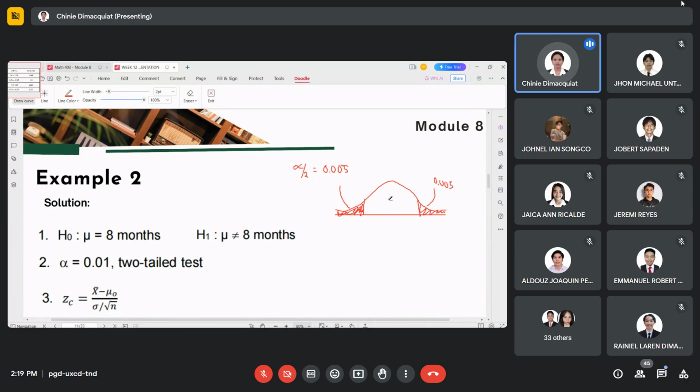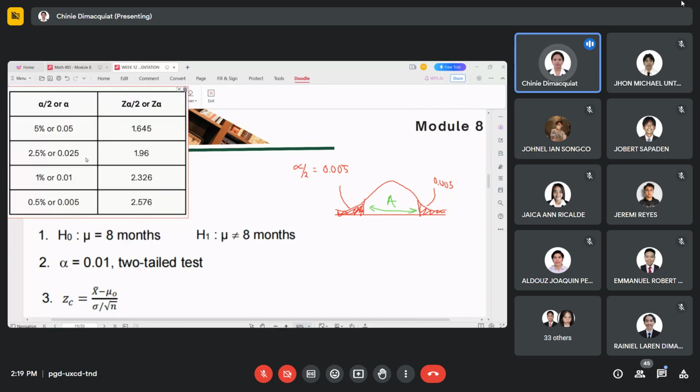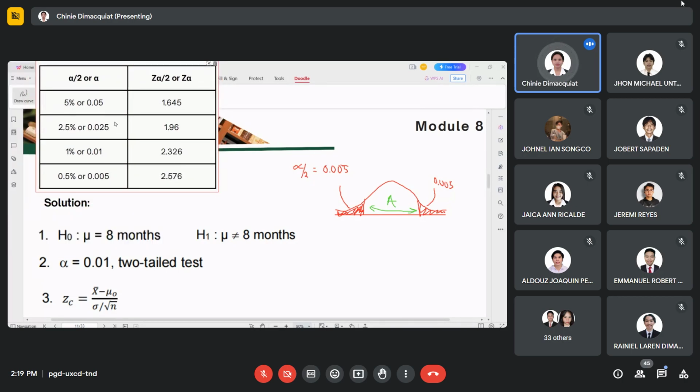And then itong nasa gitna, ito yung ating acceptance region. Para malaman yung ating critical values at kung paano tayo magde-decide kung i-accept natin or i-reject yung ating null hypothesis, dito tayo magbase.